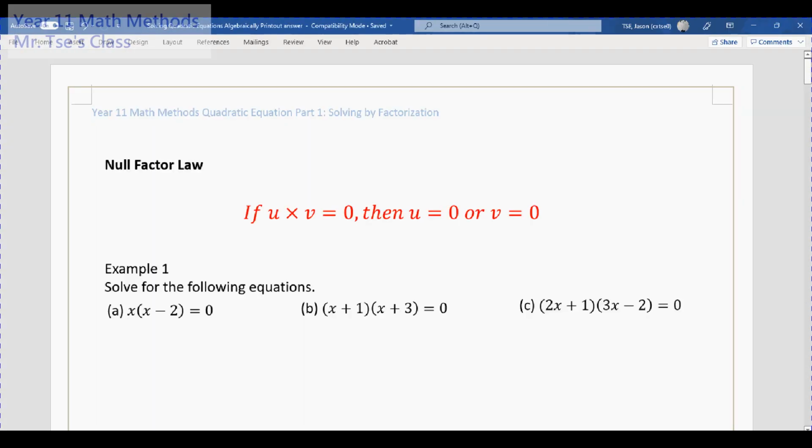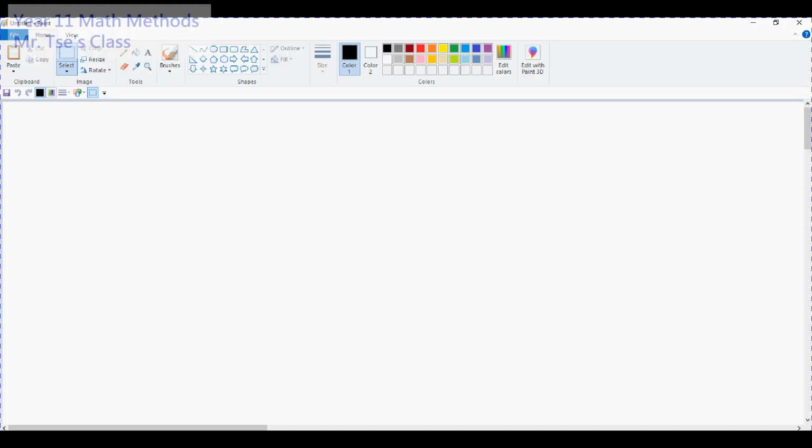Okay, so first of all, what do we mean by solving an equation? I need to give you a little bit understanding, because there's some math language you need to understand.